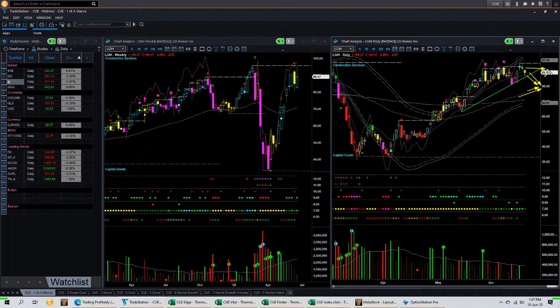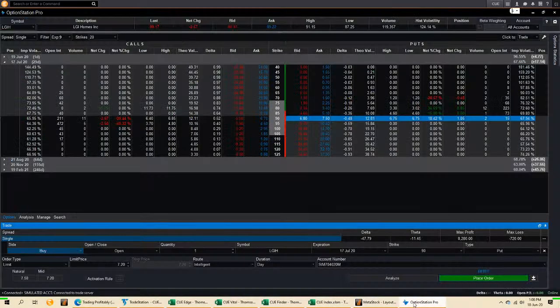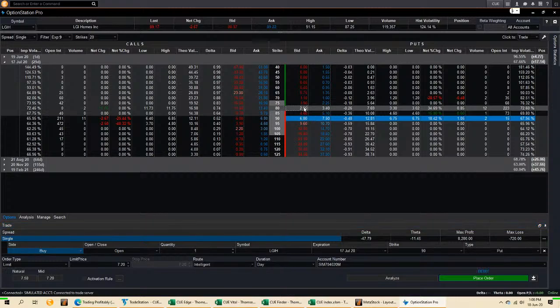Buy the 90 strike that is just above the entry price, just in the money, and short the out of the money 80 strike where I found the support. Let's use that in my option chain. I bought the 90 strike and let me short the 80 strike.